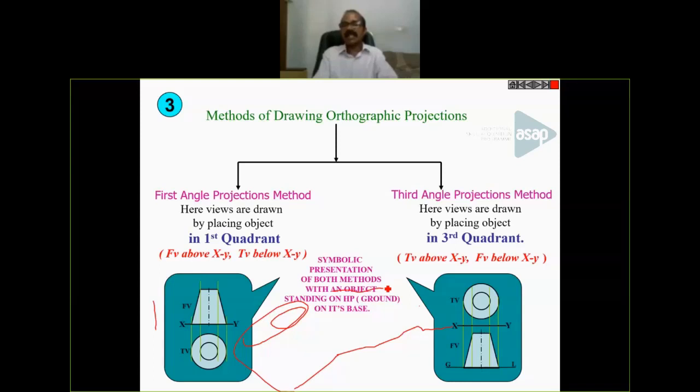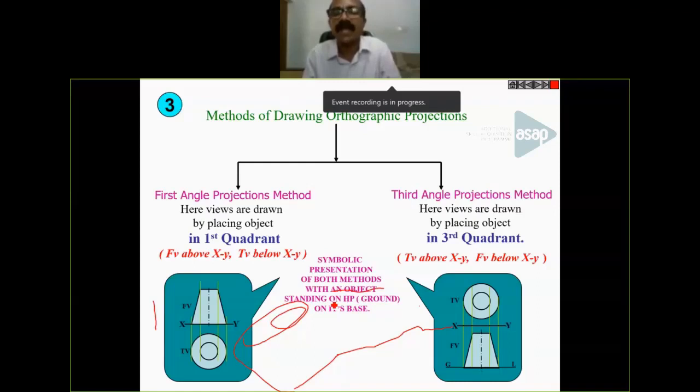That means the plan is above the xy line. So you might have understood these differences clearly. Simply we can say, in the first angle projection the elevation is above the xy line and the plan is below the xy line. And in the third angle projection, the elevation is below the xy line and the plan is above the xy line.